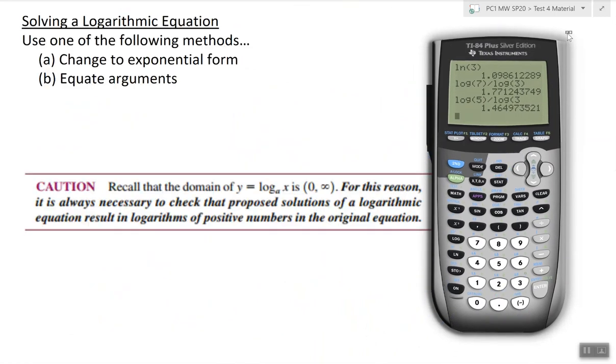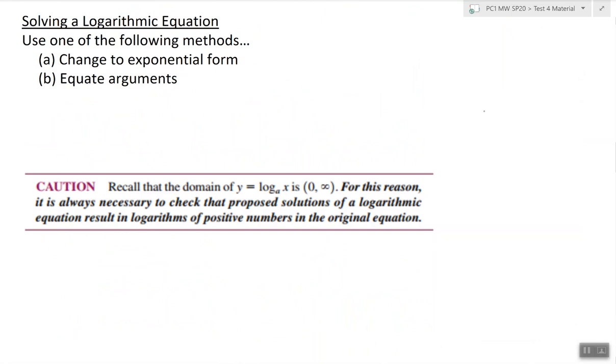All right, our next set of problems are the logarithmic equations that we need to solve, and we'll use one of these methods. We'll change to exponential form or equate arguments. Now there is a caution here. Just like when we graph logs, we have an additional domain restriction.